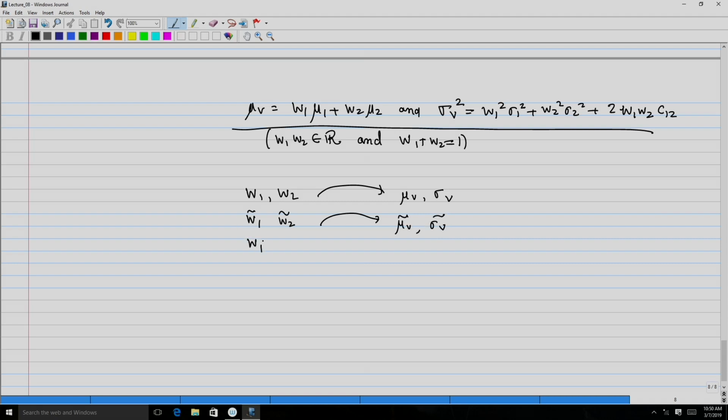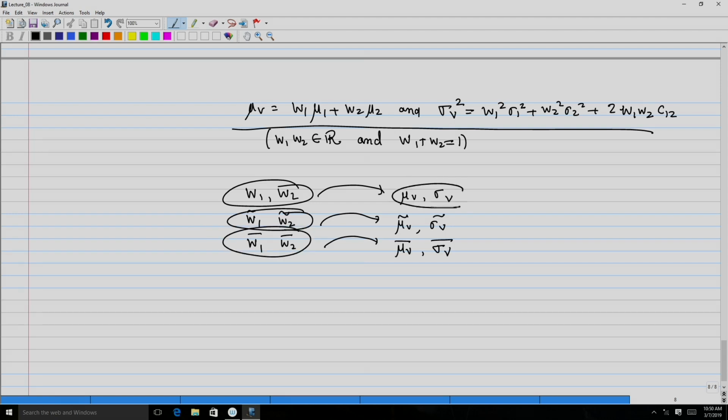I might have a third pair of weights w 1 bar and w 2 bar, and this will give me the expected return mu v bar and sigma v bar as the risk. So, the feasible set essentially is the collection of all such portfolios, which will result in these points being plotted on the mu sigma diagram with sigma on the x axis and mu on the y axis.